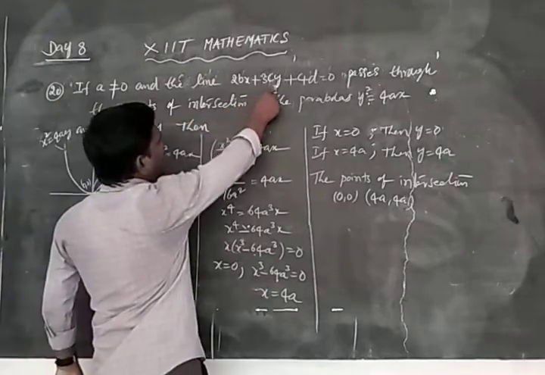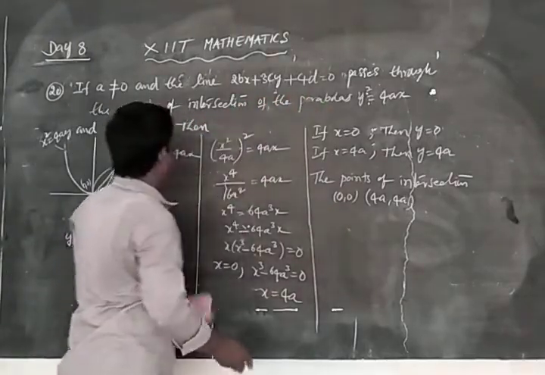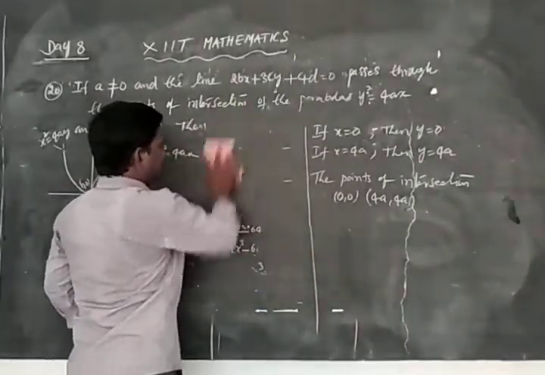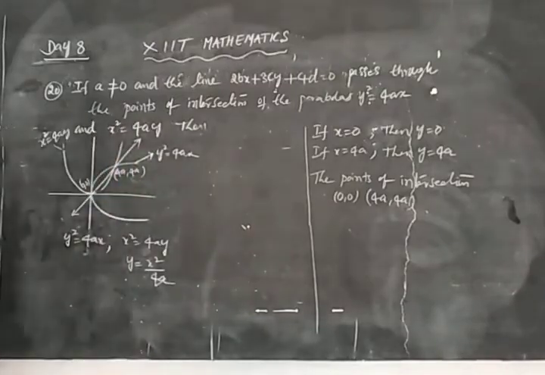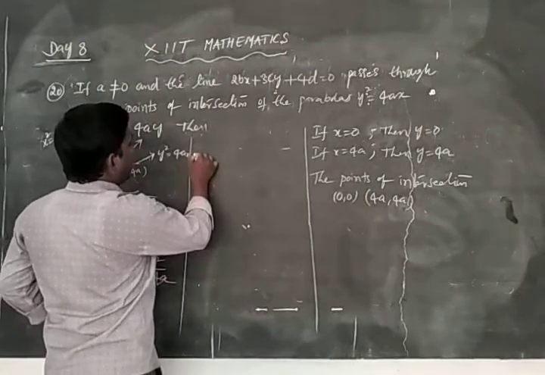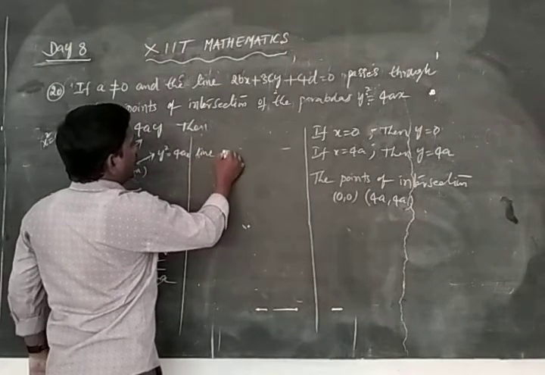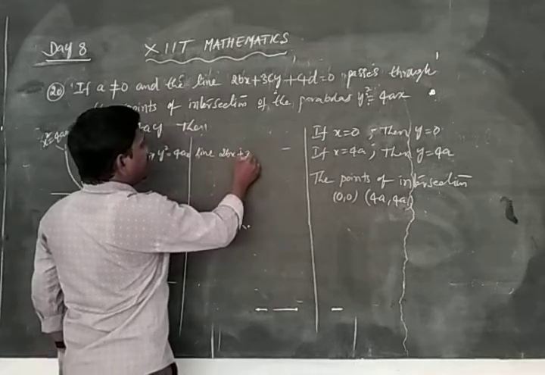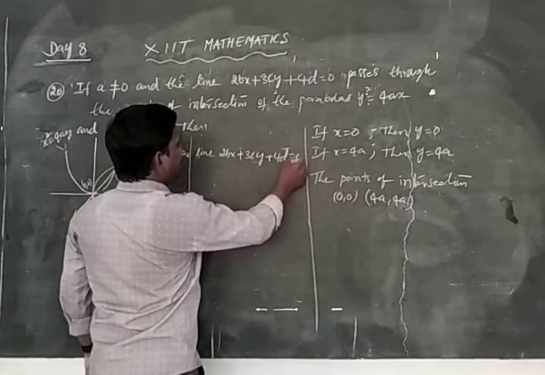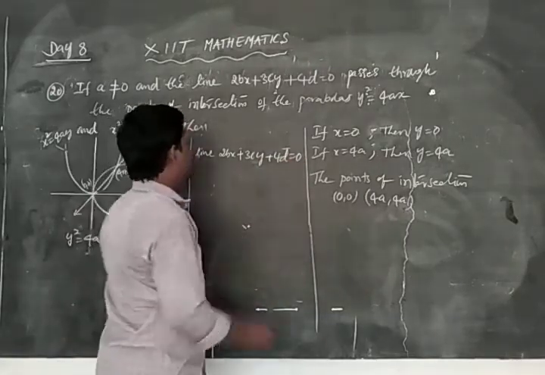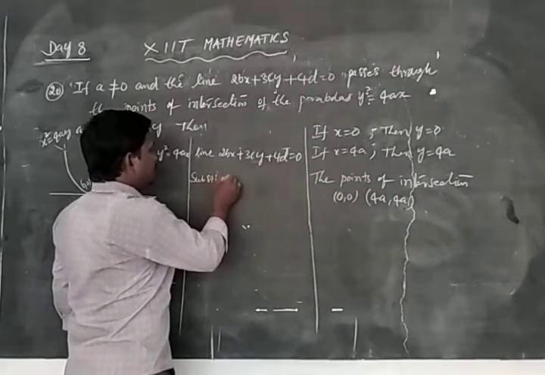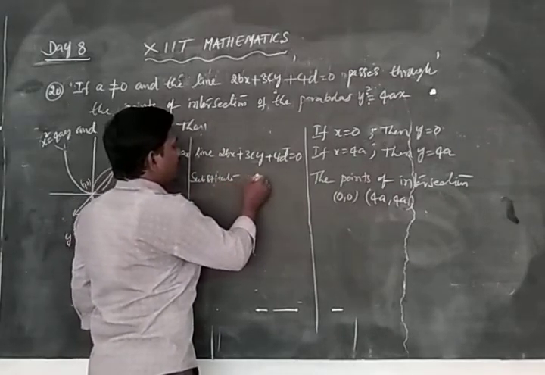Now what is the line equation? 2bx plus 3cy plus 4d equal to 0. Now substitute in the equation. Okay, substitute 0, 0.